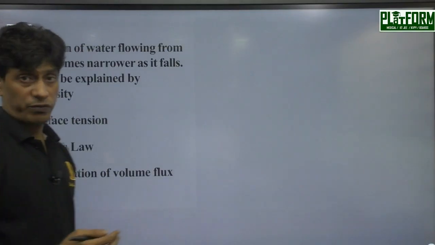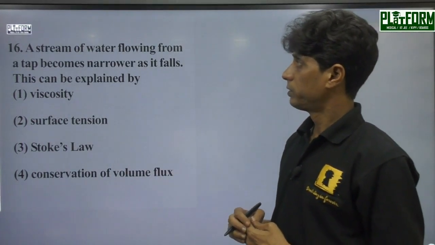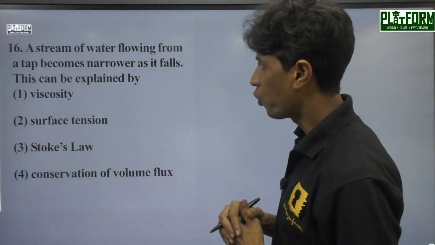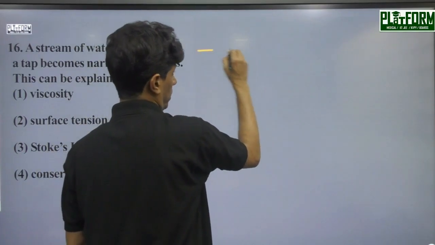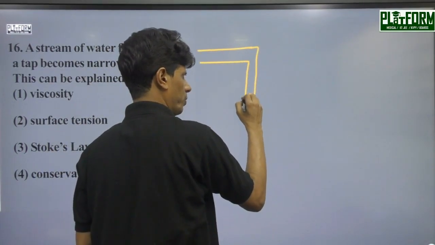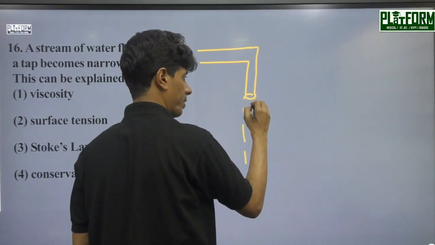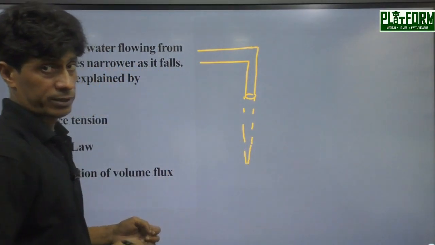A stream of water flowing from a tap becomes narrower as it falls. This can be explained by the water oozing out of a tap.